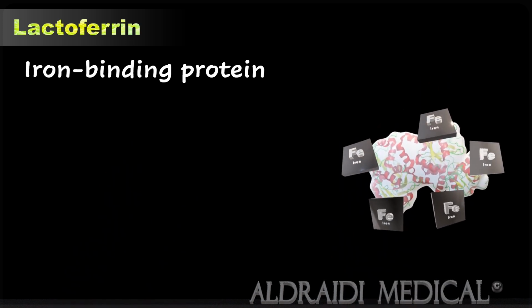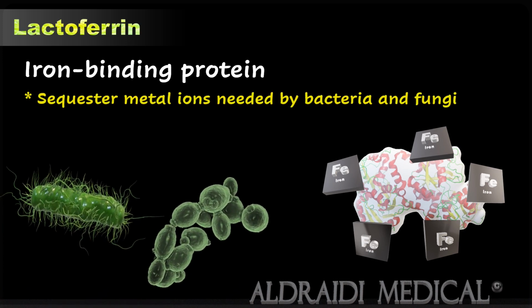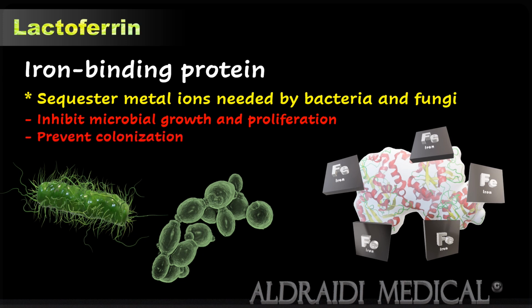Because lactoferrin is an iron-binding protein, it can bind and sequester metal ions needed by many microbes. And due to this iron sequestering activity, lactoferrin can inhibit the proliferation of bacteria that need iron for their growth. So it has an important role in the prevention of bacterial colonization.